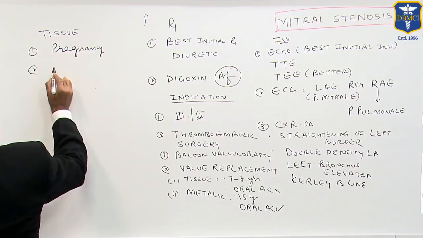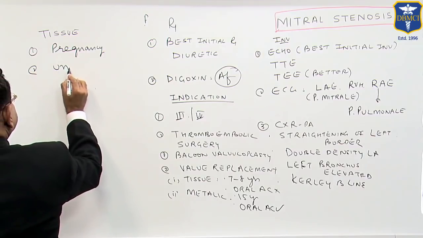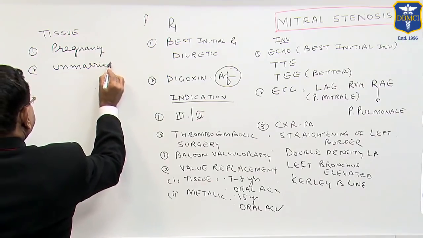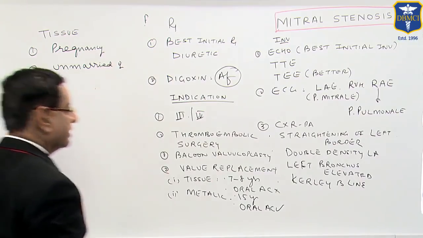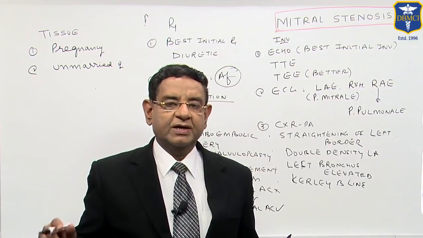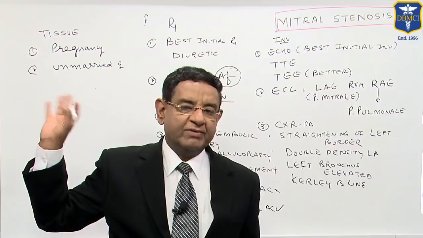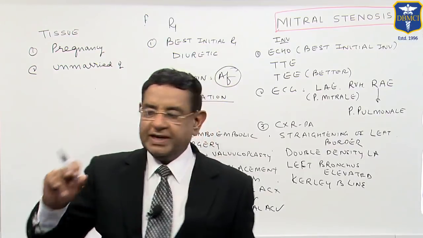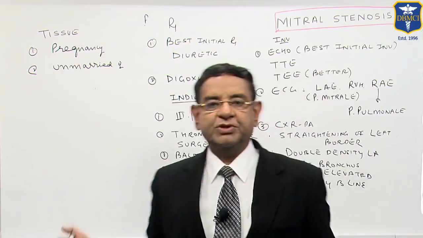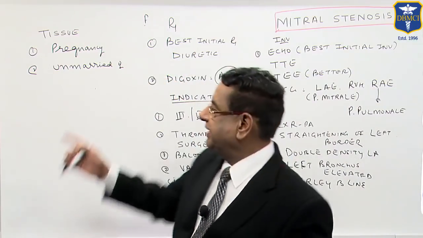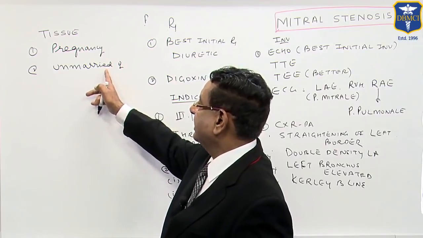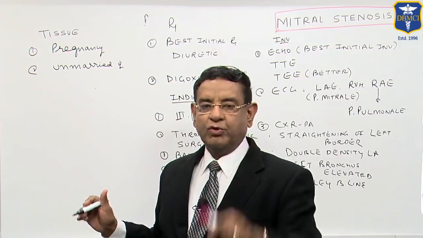We use it in unmarried females. Why in these two conditions? Because we cannot use a metallic valve in this. If you use a metallic valve, we have to give oral anticoagulant, and in these two situations you cannot give it, especially in pregnancy, because this lady will conceive soon after she gets married, and during pregnancy we never give oral anticoagulant.